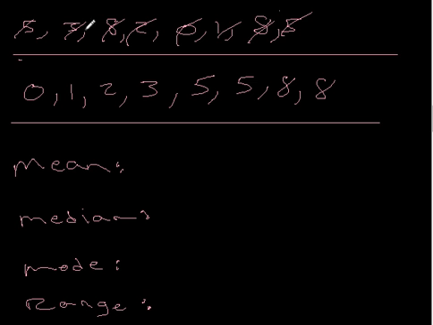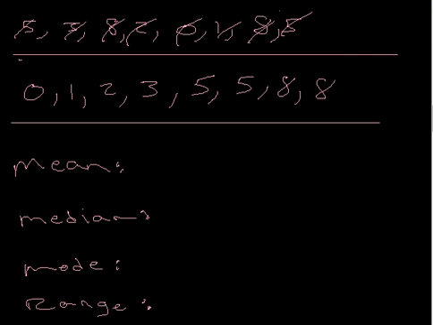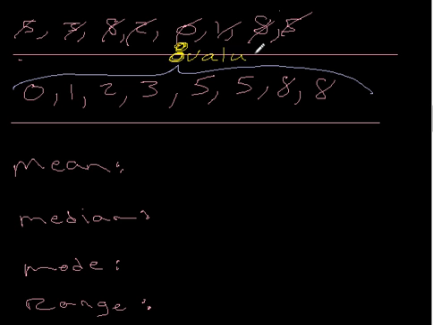So now I've got a total of, I'm going to change the color up here, 8 values. I have 8 values in this list. And that's going to help me later on.